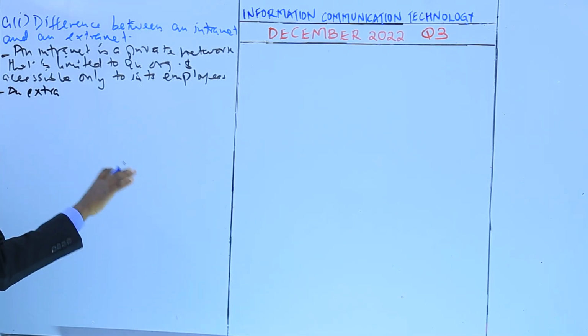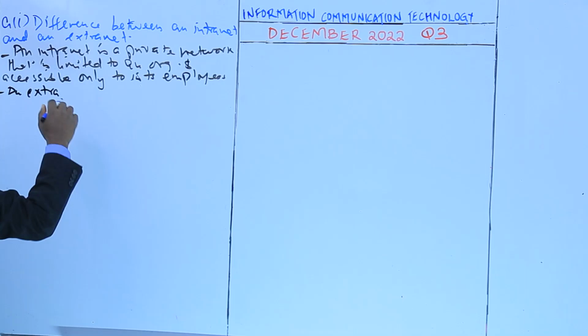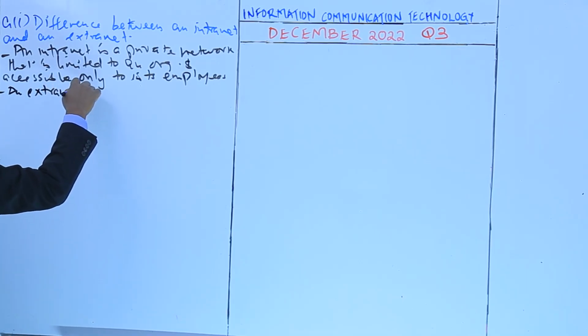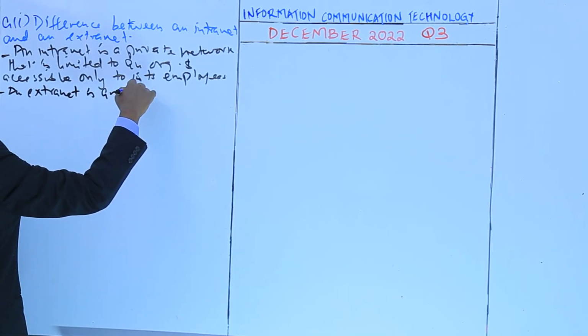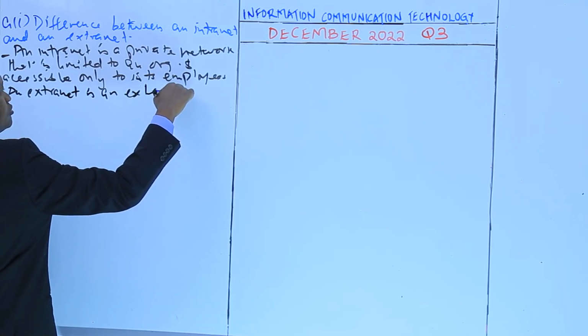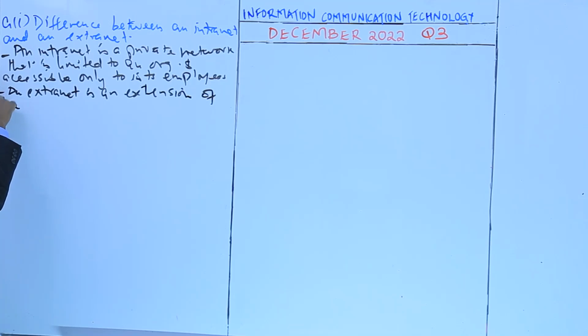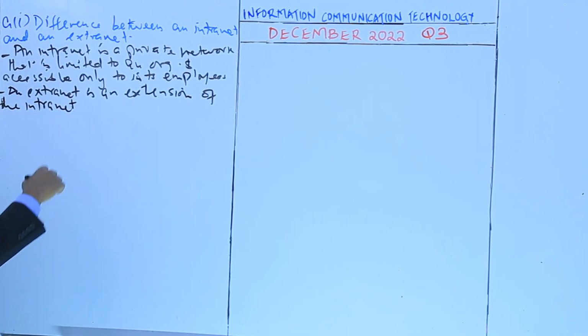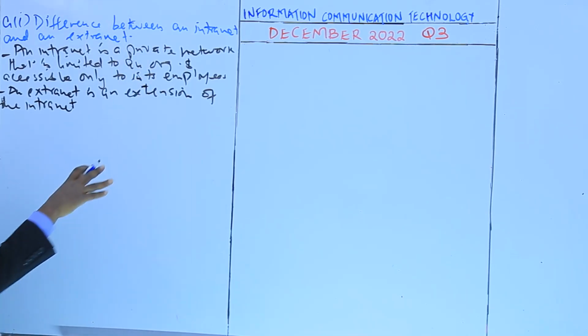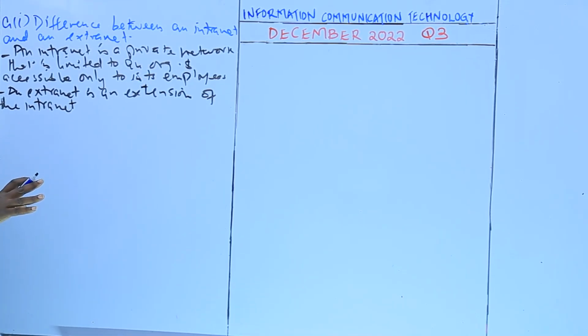External, extra. An extranet is an extension of the intranet.